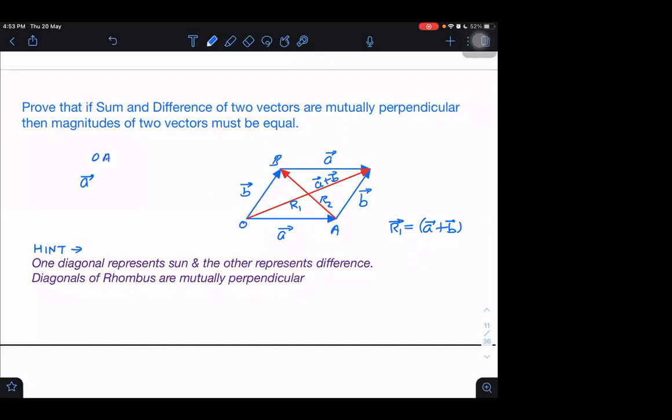So OA plus AB equals OB. It means I can write A plus, what is AB? AB is R2. A plus R2 is equal to B. Then R2 is B minus A, not A minus B.